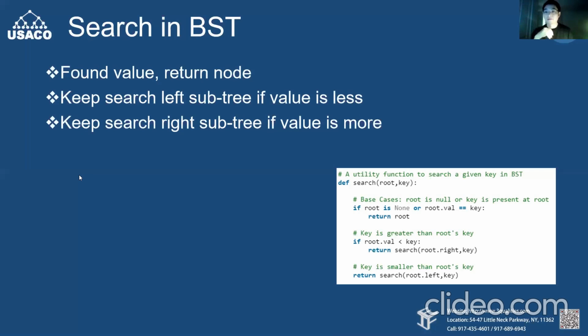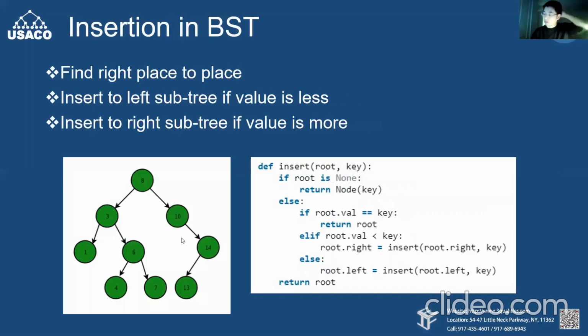Why? Because think about that, right? If I have this tree, let's take a look at the tree again. I'm asking you, does number 6 exist in the tree? How do you do that?